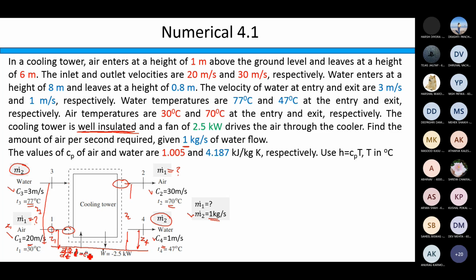This must be equal to 0 because it is well insulated. There is no heat interaction. And as per our sign convention, we have used the symbol for the work interaction away from the control volume, right? So this term is nothing but d bar wx by dt.